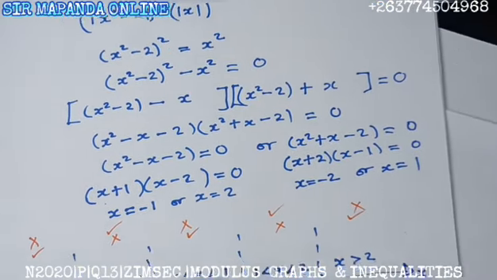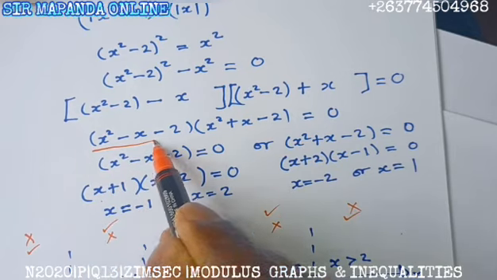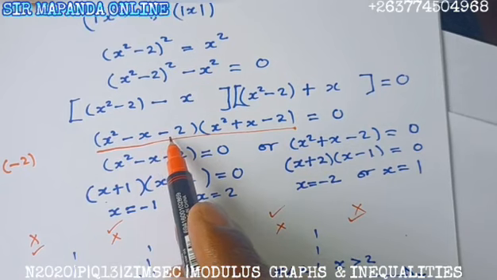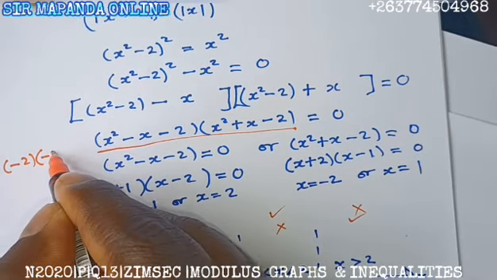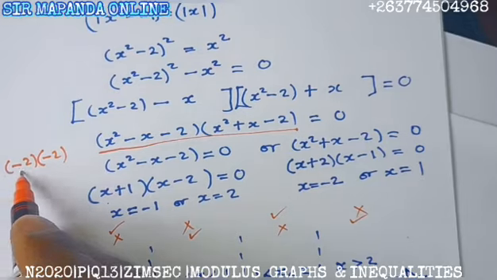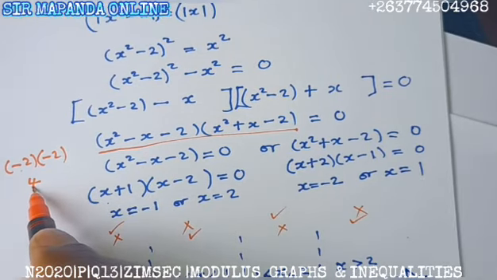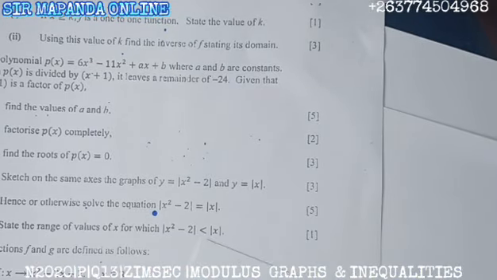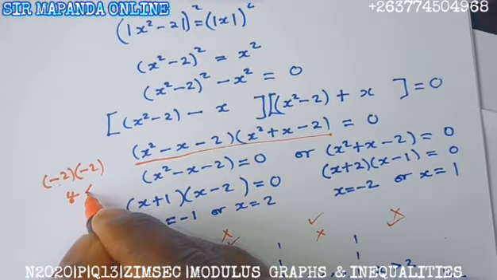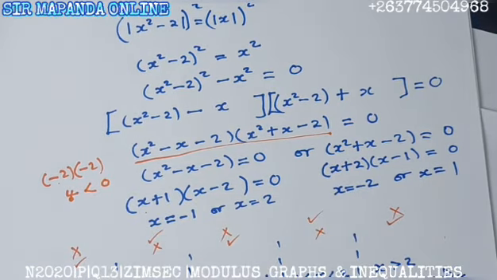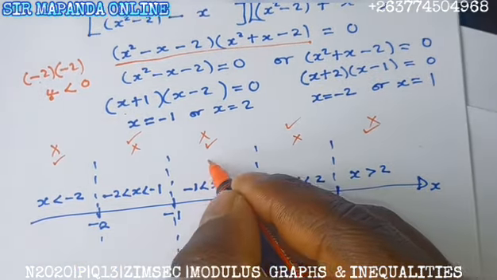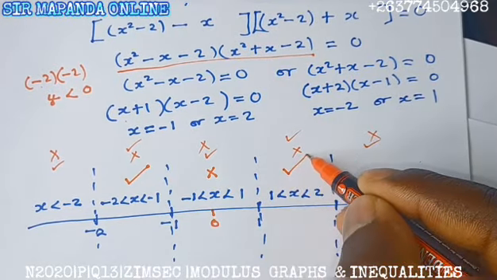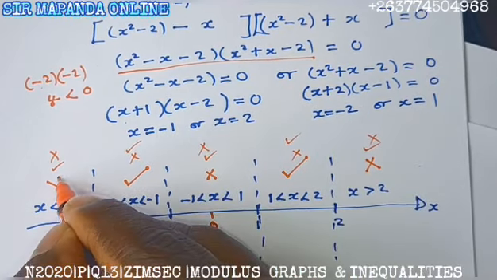So we would like to put 0 in this factorized expression. On the first bracket, you will remain with negative 2. On the second bracket, you will remain with negative 2. Negative 2 times negative 2 gives you 4. Then the inequality that we have is less than. So for 4 to be less than 0, it's false. So it means we don't want this region. So this region is correct, this one is correct, this one is wrong, and this one is wrong.